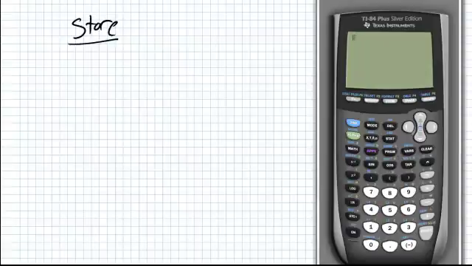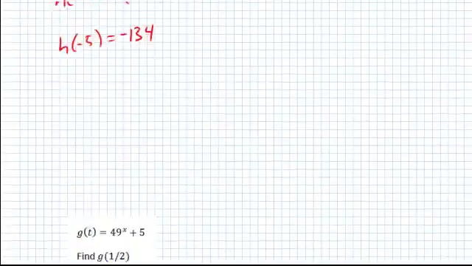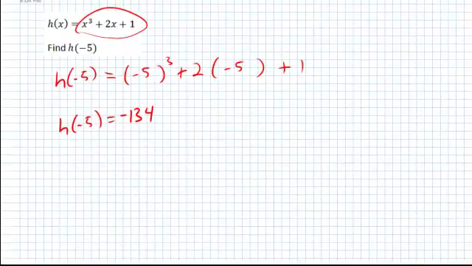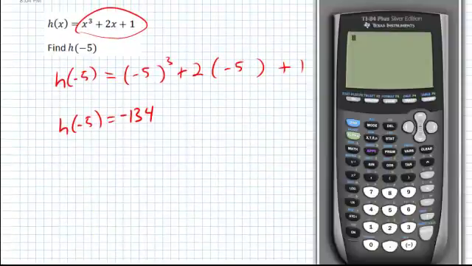So now I'm going to go back to our equations and solve them again, but this time I'm going to use my store. I know that the input is negative 5, so negative 5 store into x, enter. Now it says negative 5.